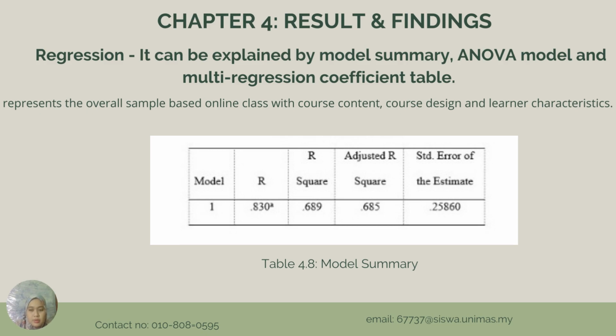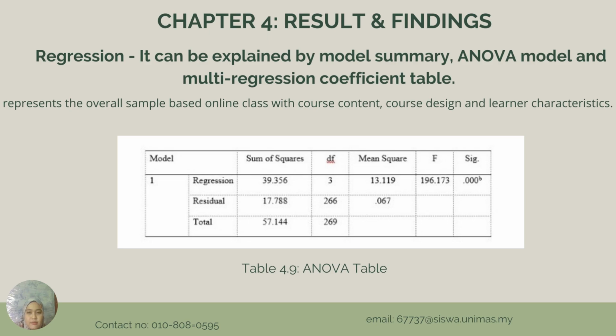The factors explain 83% of the variance of the online class. The R2, 68.9% of the online class is mainly due to course content, course design and learner characteristic, and the 31.1% indicates other factors.